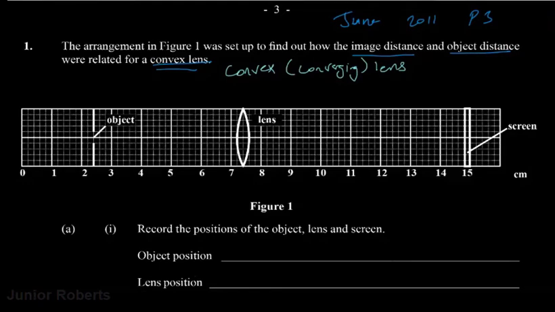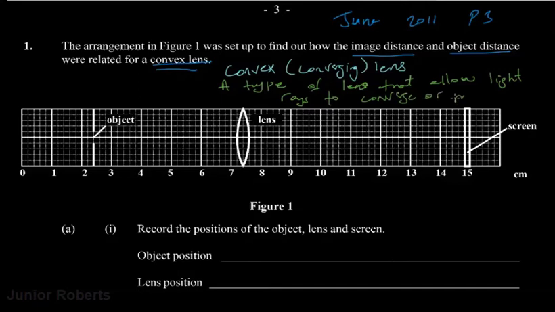So we can make a note that a converging lens is a type of lens that allows light rays to converge or meet at a point. I'm just going to put it on right here. Hopefully this writing is legible enough?